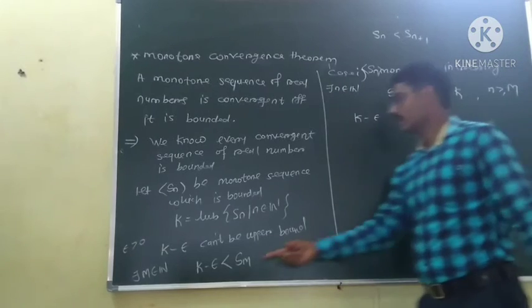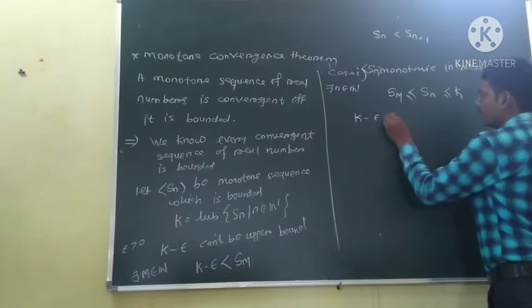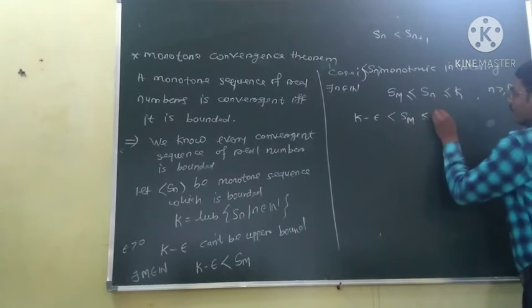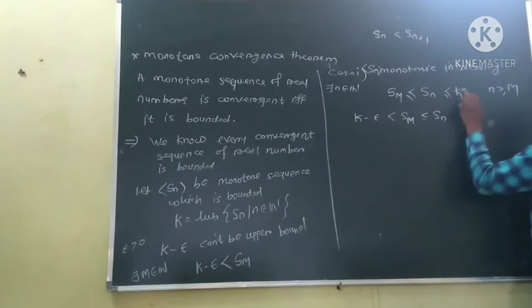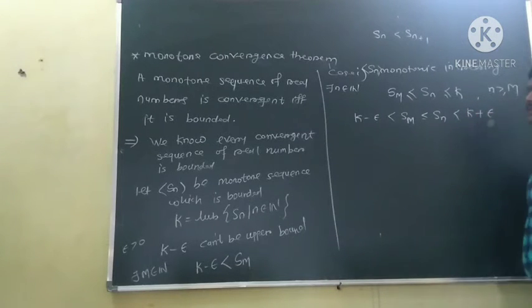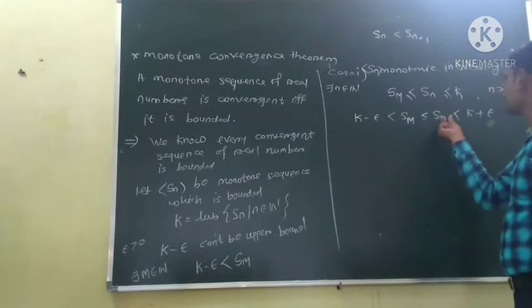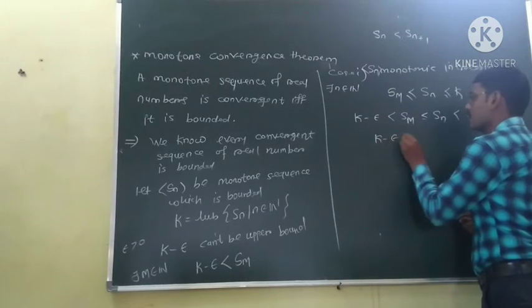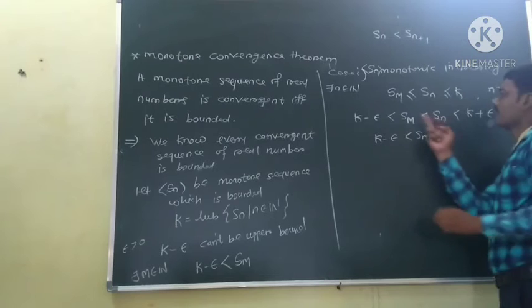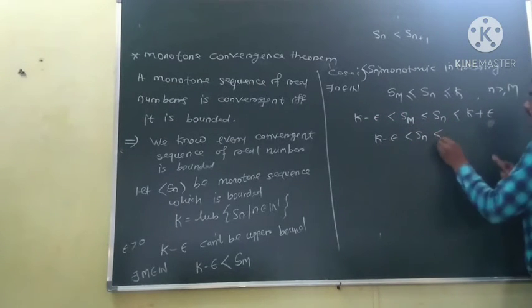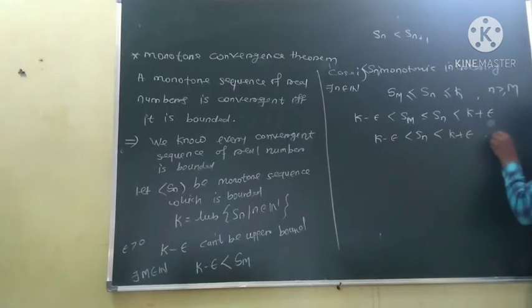So we get k minus epsilon is less than Sm, Sm is less than or equal to Sn, and Sn is less than or equal to k, so we can write Sn is less than k plus epsilon. This implies k minus epsilon is less than Sn, and Sn is less than k plus epsilon, for all n greater than or equal to m.